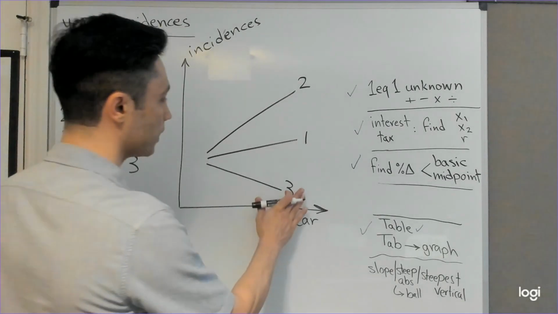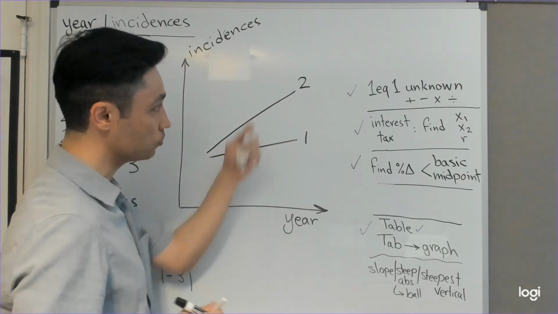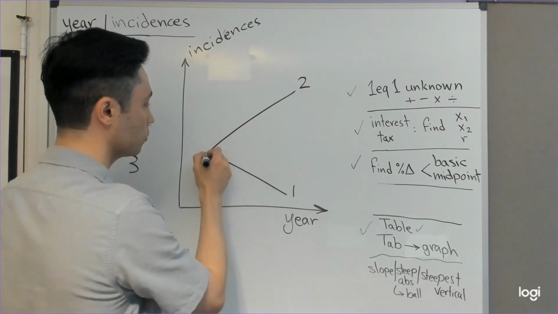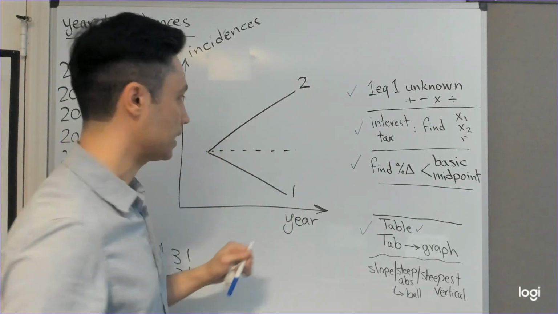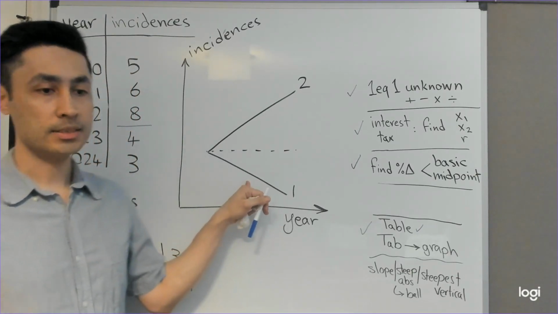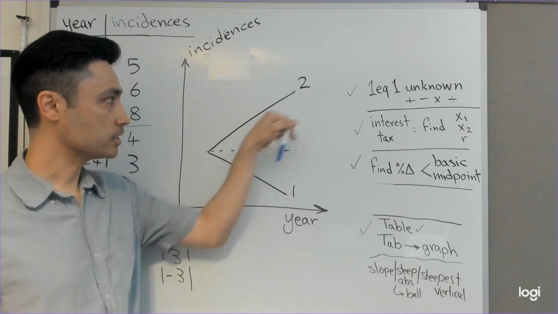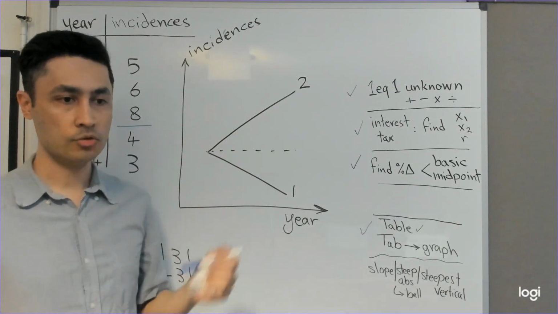In that sense, if I have 1 and 2, I can say 2 is more steep than 1, but if I have something like this, 1 going up, 1 going down, then they are equally steep. One is negatively sloped, the other is positively sloped. The two are equally steep.